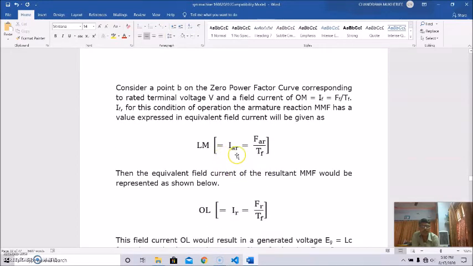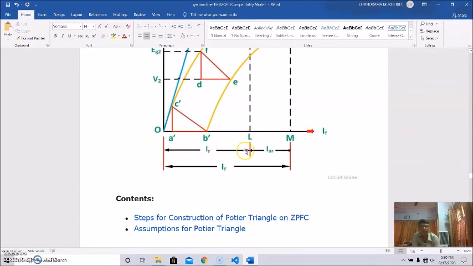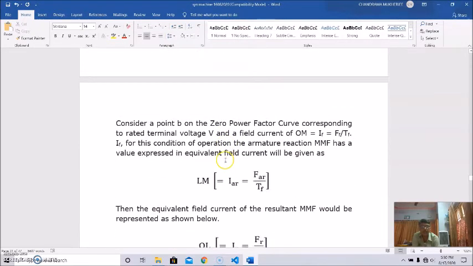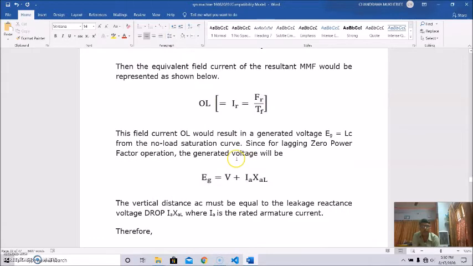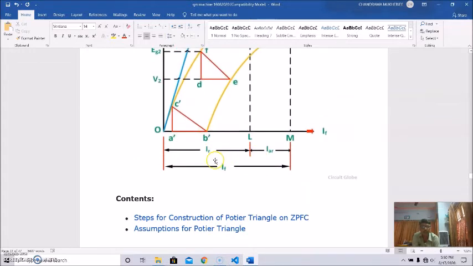So that is equal to IAR, that is the armature reaction MMF divided by the number of field turns. Then the equivalent field current of the resultant MMF would be represented by OL. So this is the equivalent resultant field current, IR. See, IR equal to this OL equal to FR by TF. So FR is the resultant MMF divided by the field turns.